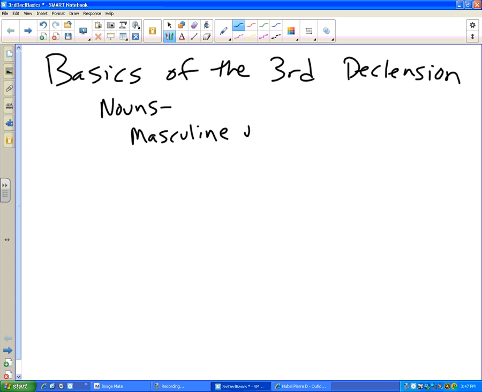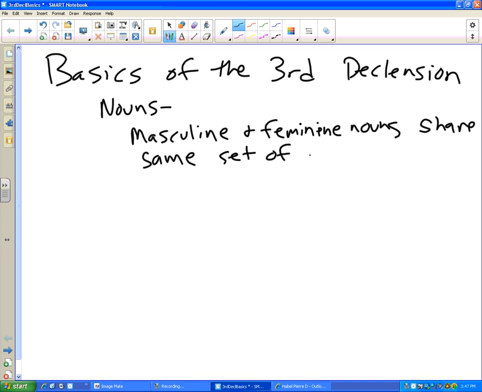And the masculine and feminine nouns of the third declension share the same set of endings, no matter whether the noun is masculine or whether it's feminine.